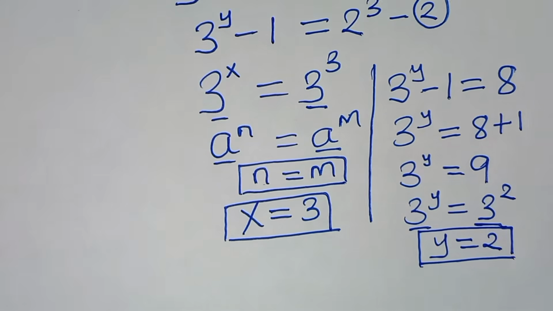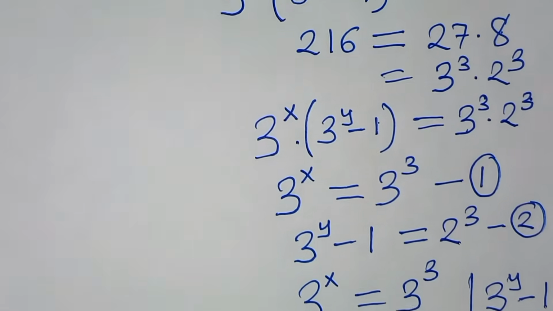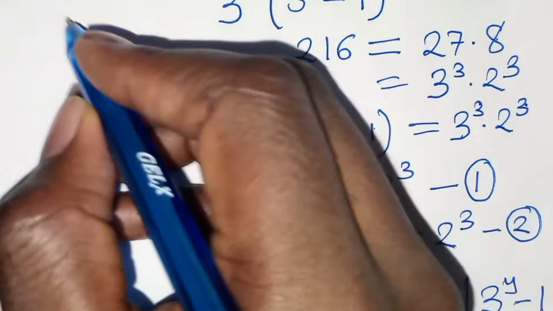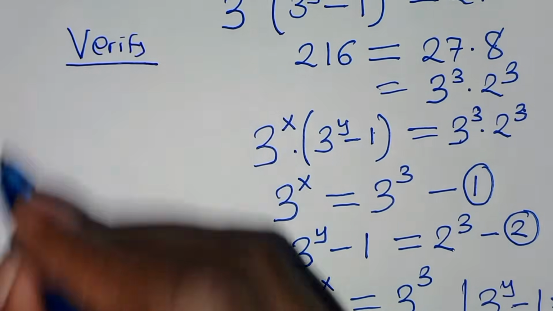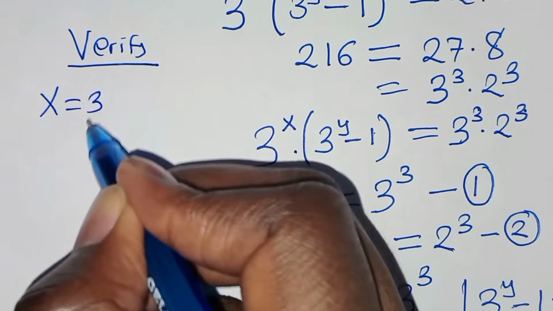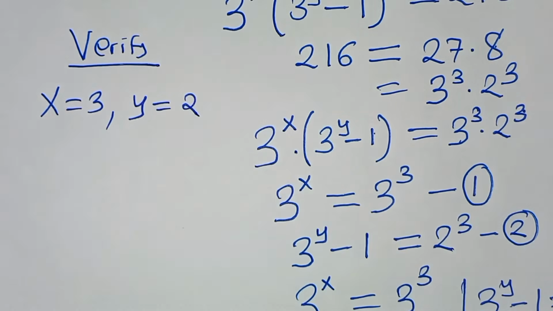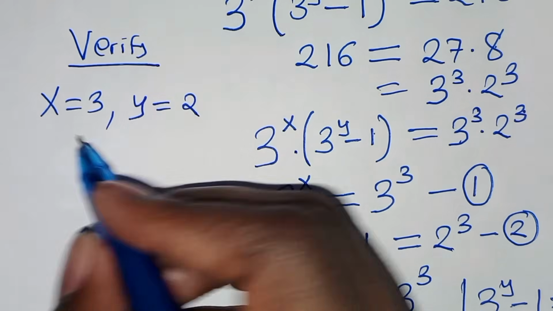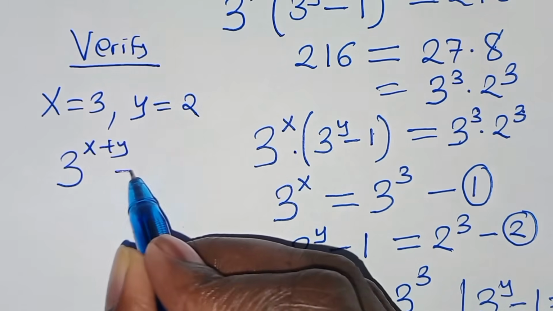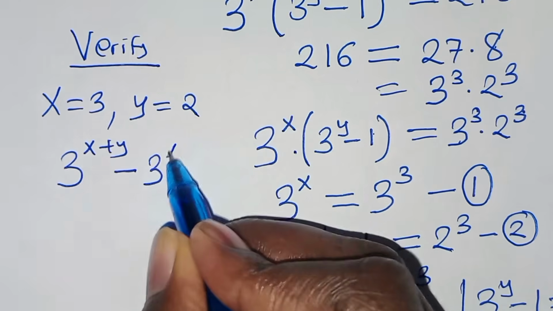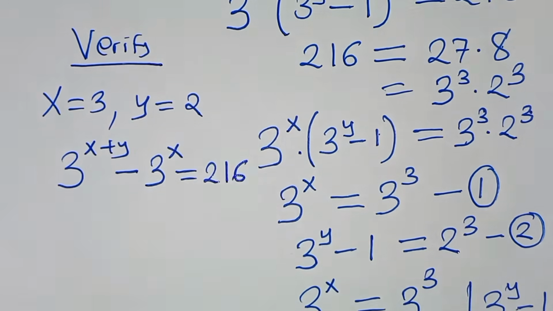So let's verify that the value of x and y satisfies the equation. We have x equal to 3 and y equal to 2. From the equation, 3 to power x plus y, subtract 3 to power x is supposed to give us a value of 216.